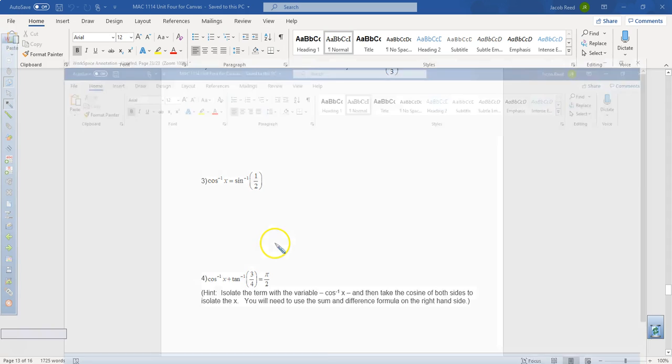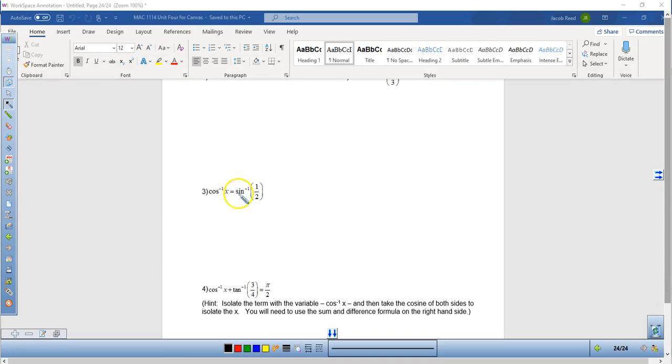Alright, number 3. Now I have 2 different inverses. But the difference here is that it's asking me to do sine inverse of 1/2. Well, I know sine inverse of 1/2, that's 30 degrees.